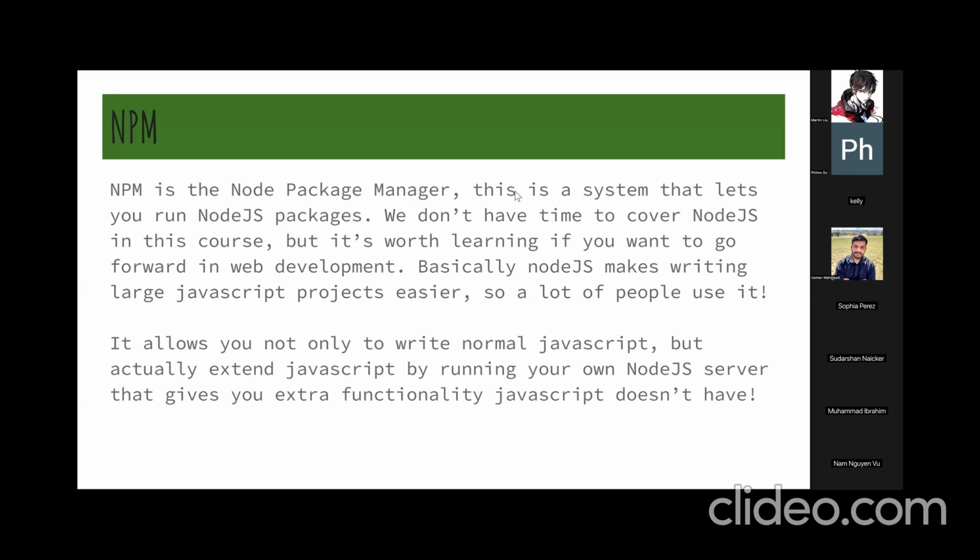Since we won't have enough time to cover Node.js in this course, it's going to be worth learning, especially when you're looking at future development, because Node.js helps us write JavaScript projects more easily, and typically a lot of people use it. So it not only allows you to write normal JavaScript, but it can actually be extended by running its own Node.js server, which gives you extra functionality that JavaScript doesn't always typically provide.